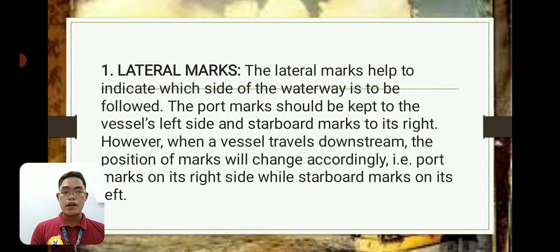So the lateral marks help to indicate which side of the waterway is to be followed. The port marks should be kept to the vessel's left side and starboard marks to its right. However, when a vessel travels downstream, the position of marks will change accordingly. For example, port marks on its right side while starboard marks on its left side.